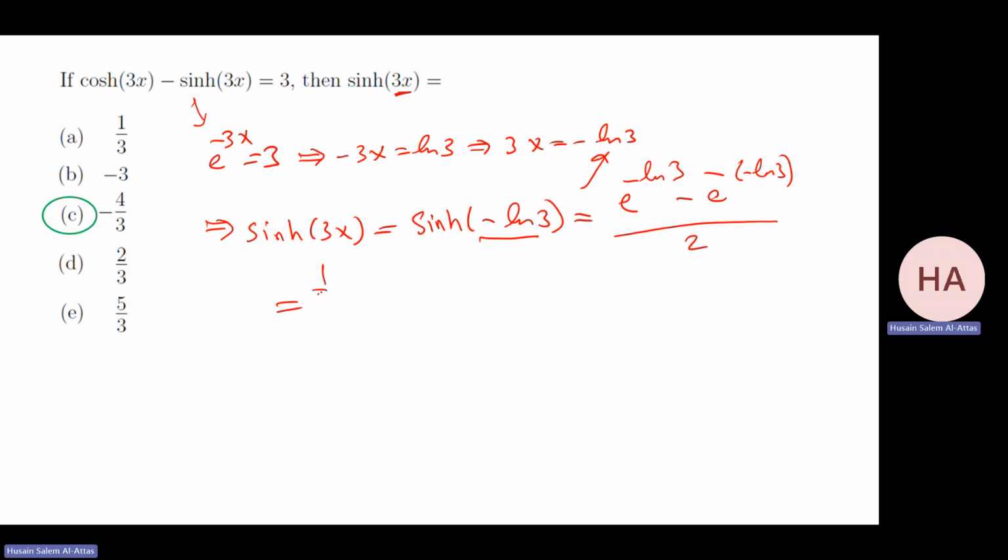That will be 1 over 3, minus minus, so it will be plus e to the power ln 3, which is 3, over 2. So it will be 1 minus 9, that will be minus 8 over 6. And that is minus 4 over 3, which is this.